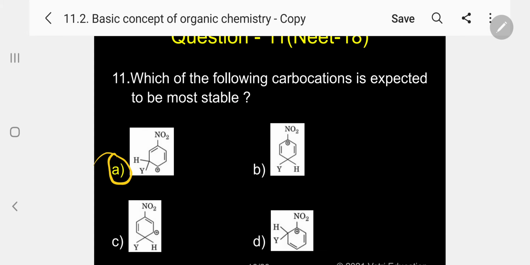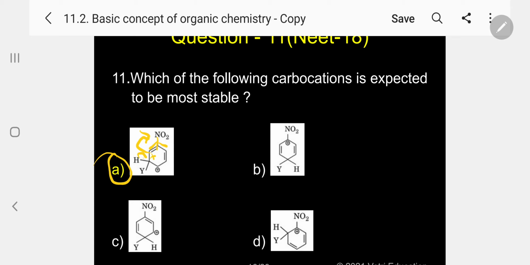Let me explain why answer A is the correct answer. I told you already, here an NO2 group is present. What will happen? NO2 is attracting. So the electron from the ring moves toward the NO2 group. Please follow. And the double bond will be shifted like this, so there will be a positive charge. So what will happen?